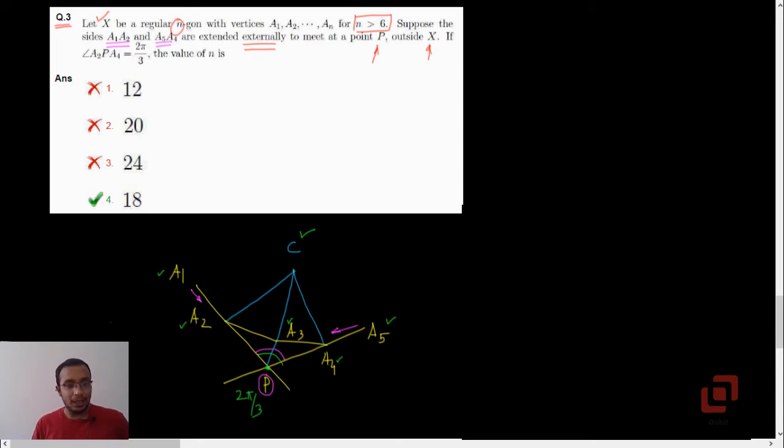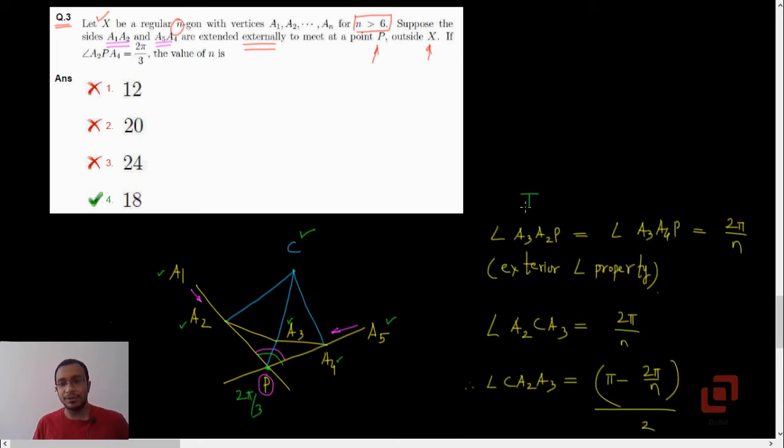Now the very first thing is we make use of the exterior angle property to arrive at the following conclusion. Observe that the angle a3a2P and angle a3a4P, both these angles in the green dot, are the exterior angles of the polygon, aren't they?